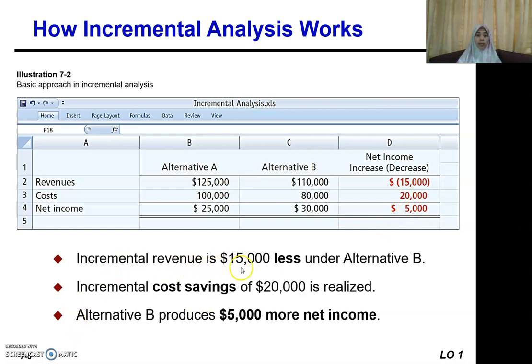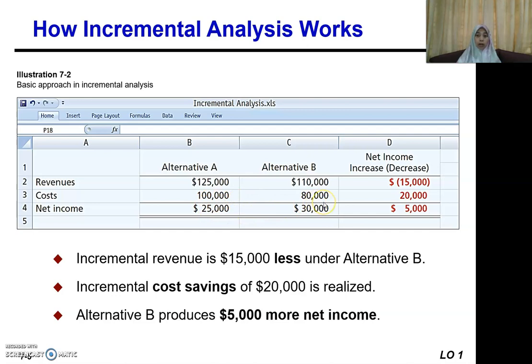So incremental revenue is 15,000 less under alternative B. Incremental cost savings of 20,000 is realized. If you go for alternative B, of course, you want to have a lower cost compared to a higher one.